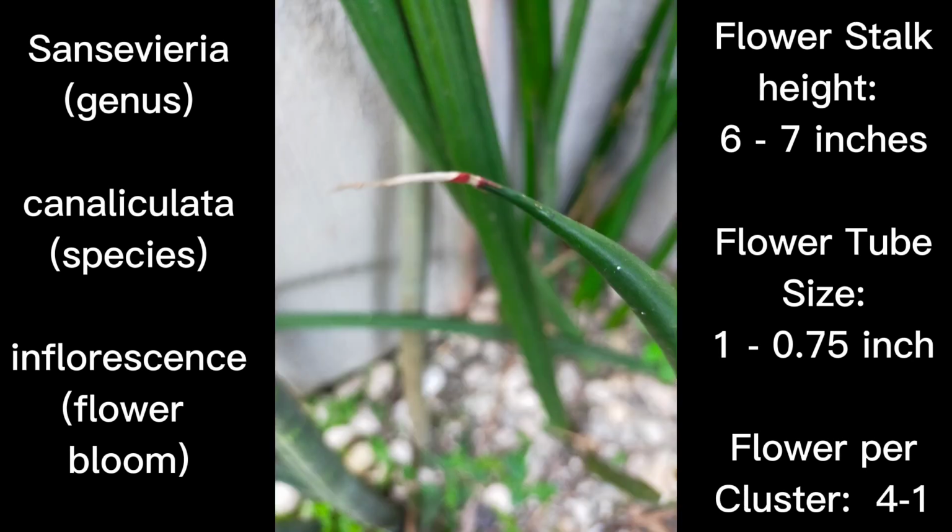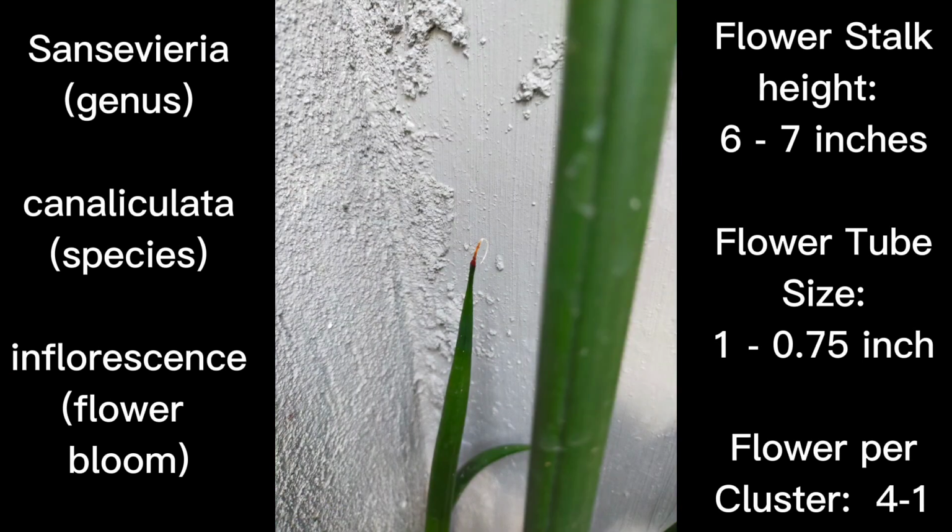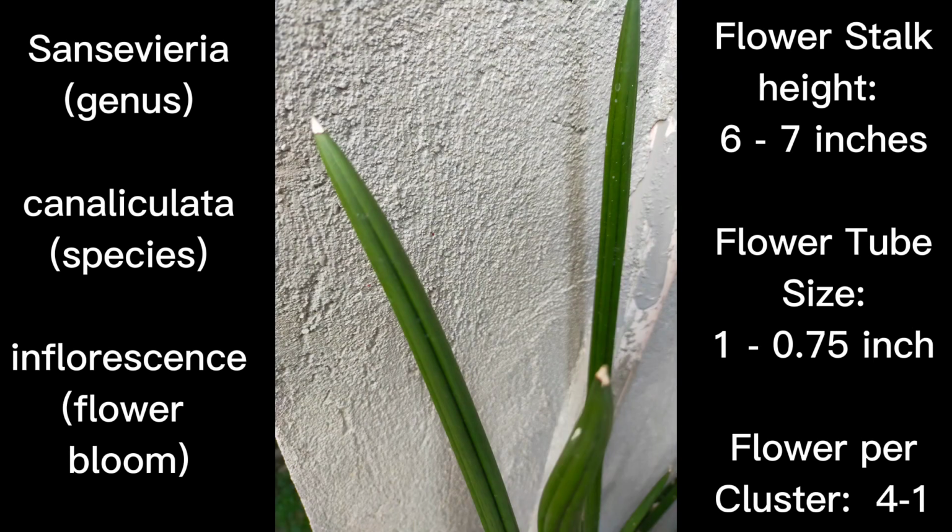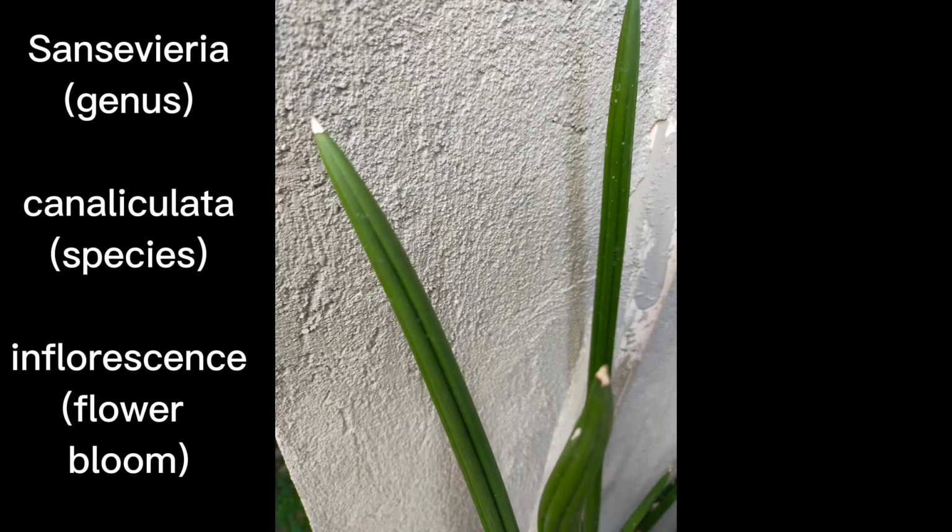Alright, so this is how the leaf tip looks. These are young leaves of canaliculata, and as shown, it has a thread-like end on the juvenile leaf. On the mature ones, though, it seems to disappear and they just have a blunt, not so sharp, whitish, wilty tip on the end.